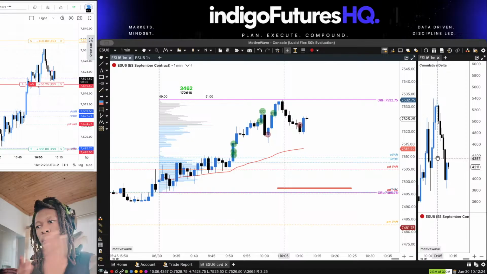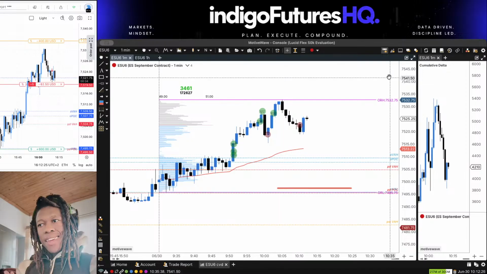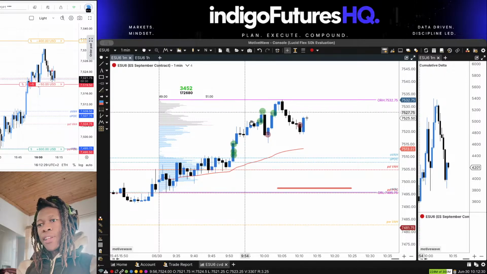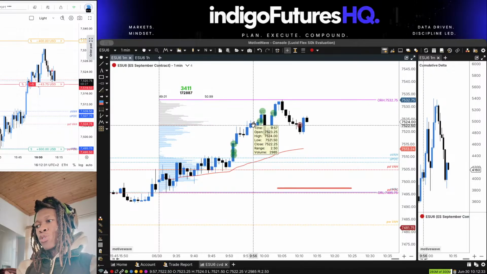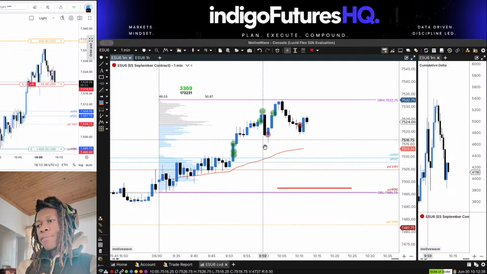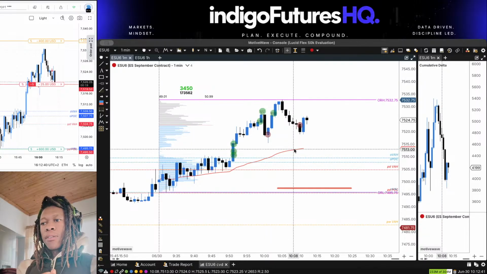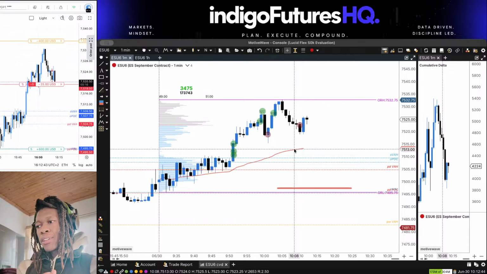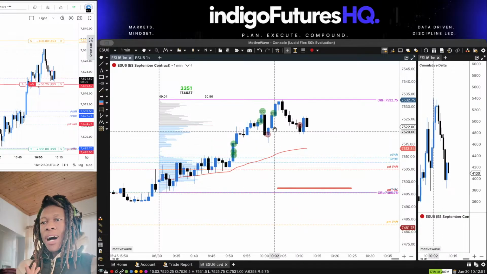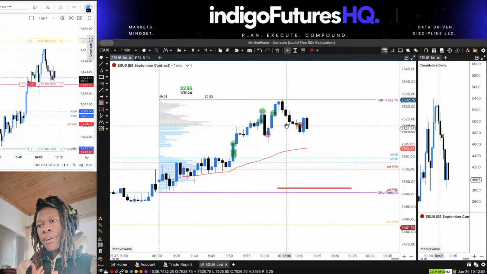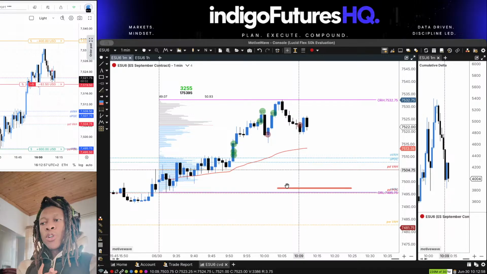If we do close within this value area, below 522.75, if we break below 522.75, then I can see a case where maybe 513 would be a target, because we do have a low volume node over there. But if we do break inside this value area, then I can see why we could rotate to the other side of this.